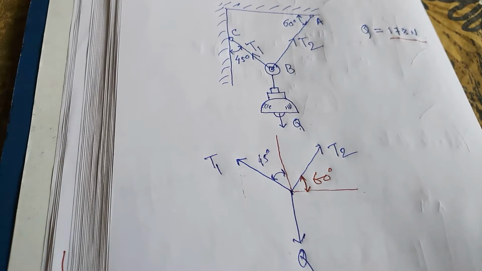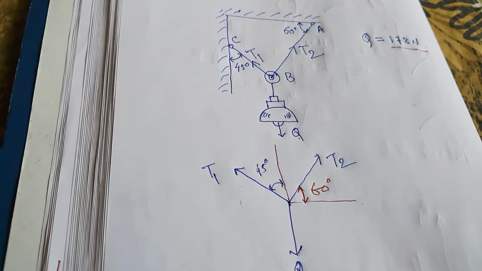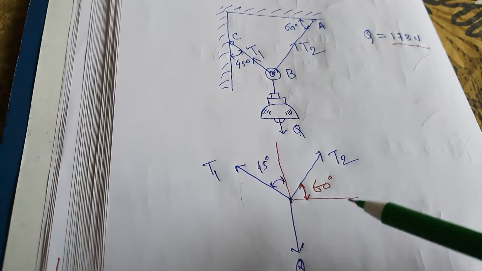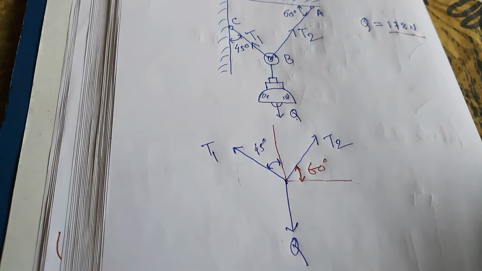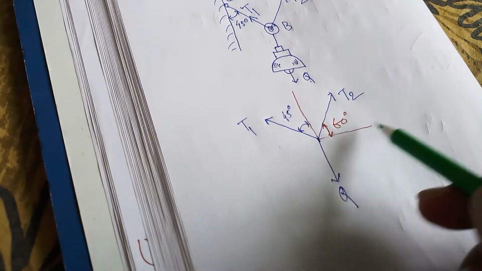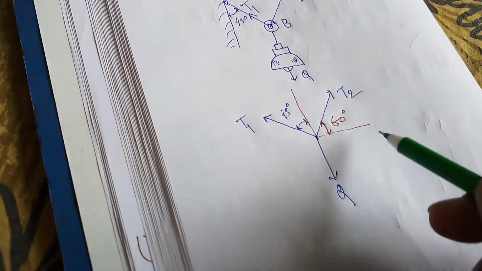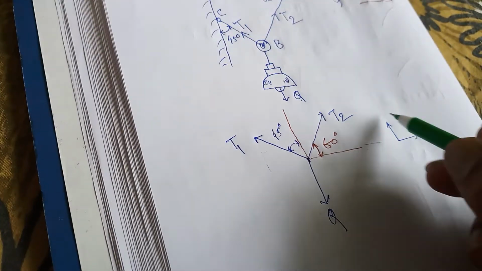You can use Lami's theorem, or you can resolve the forces into two components. Doing that, you can solve the problem. I am resolving the forces into two components. Along this direction is the x direction, and this is along the direction of y.